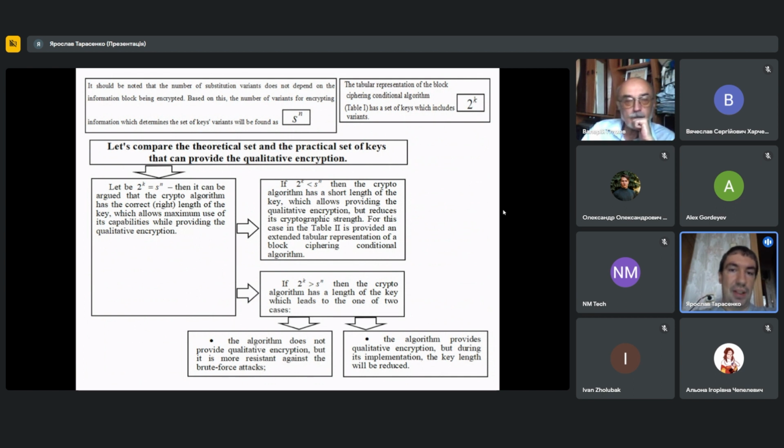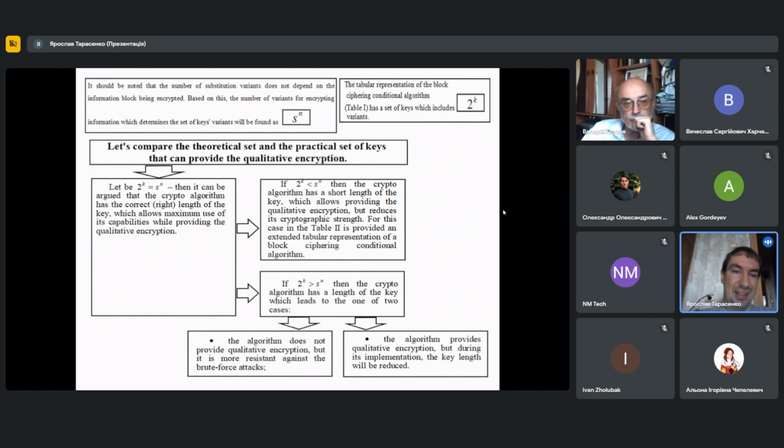So it should be noted that the number of substitution variants doesn't depend on the information block being encrypted. Based on this, the number of variants for encrypting information with determined key variants will be found as s to the power of n. The tabular representation of the block ciphering conditional algorithm has a set of keys which includes 2 to the power of k key variants.